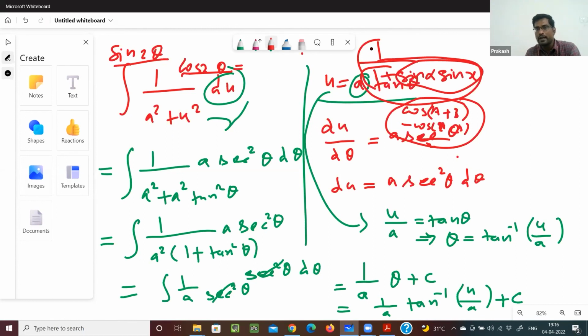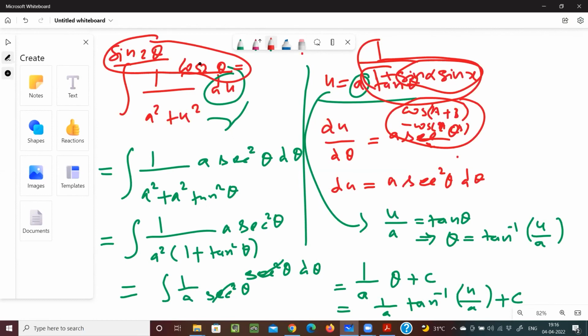We can rewrite in this form also. Additionally, you need to use cos of a plus b minus cos of a minus b. After that, you can use this kind of formula. Then you will get it. Okay, sir, I'll try that method. Thank you.